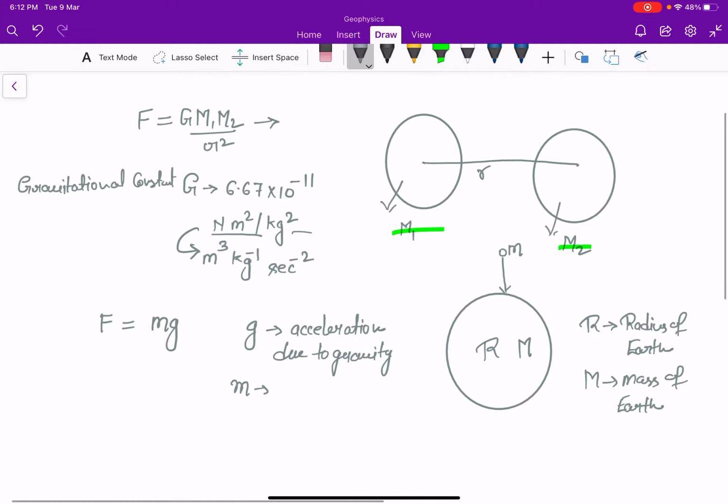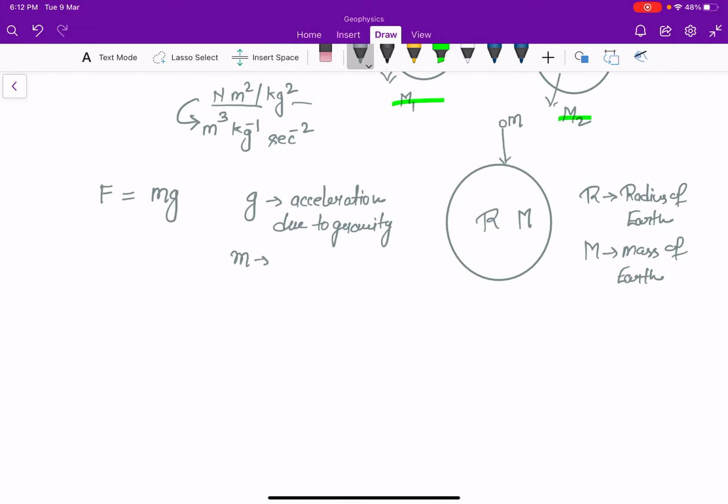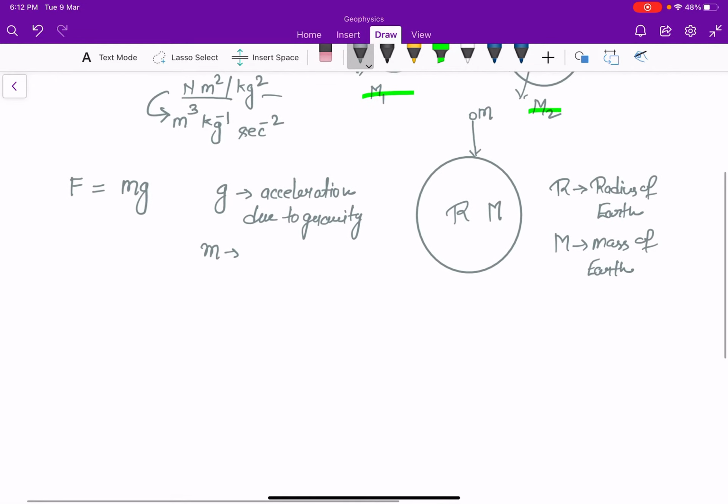From Newton's universal law of gravitation, F is equal to G small m capital M divided by r square.